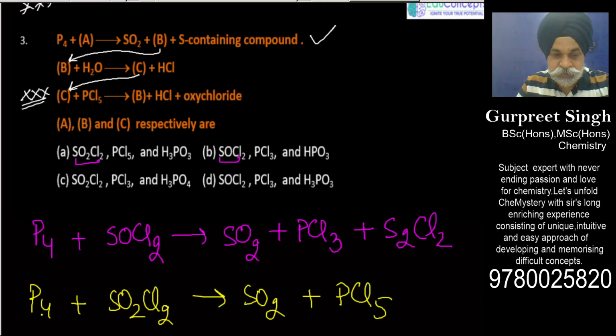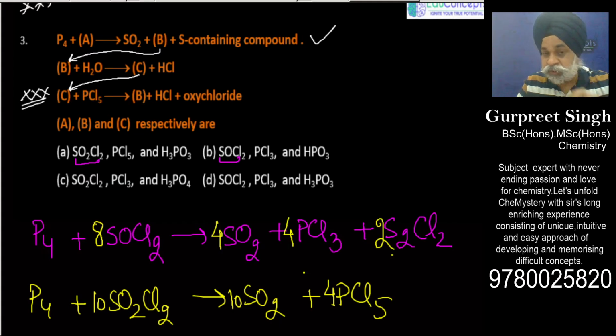So how many phosphorus do you have? 4, so I will place 4 here, and now the chlorine has become 20, so I would take 10 and this would become 10. So this got balanced, but it is not providing you any sulfur containing compound. And here if I place 8, this would become 4, and phosphorus is 4, and this would become 2, because there are 8 sulfur, 4 sulfur came here and 4 here. So this is a very important question to address.